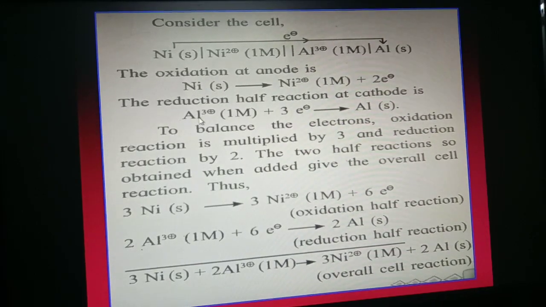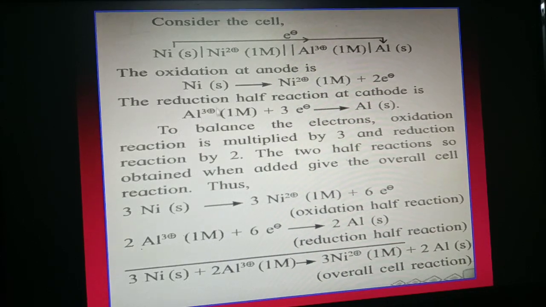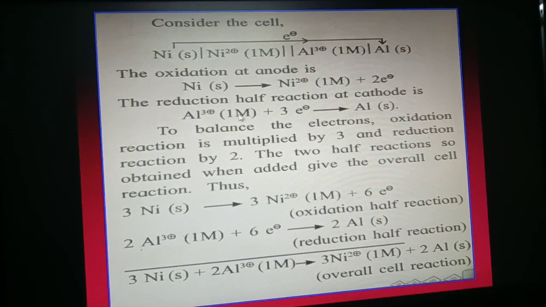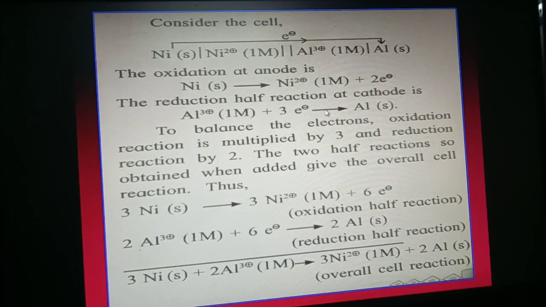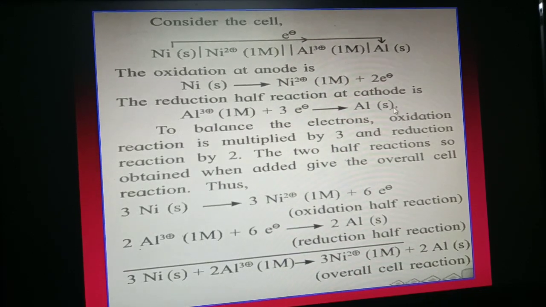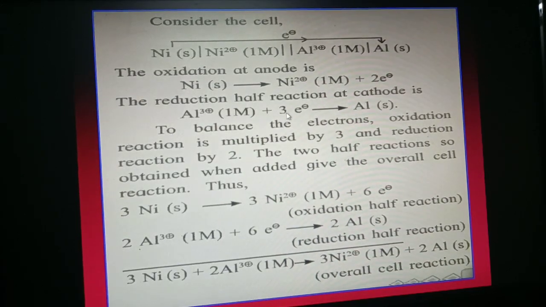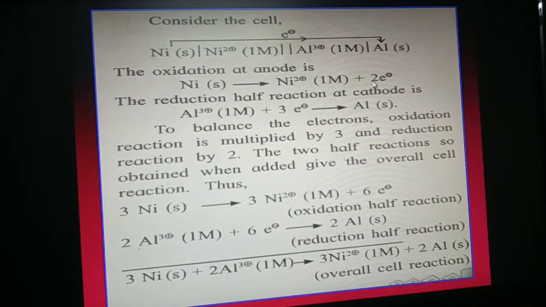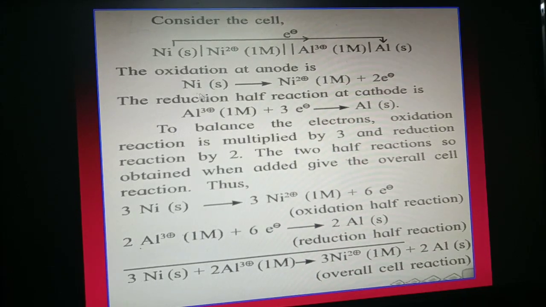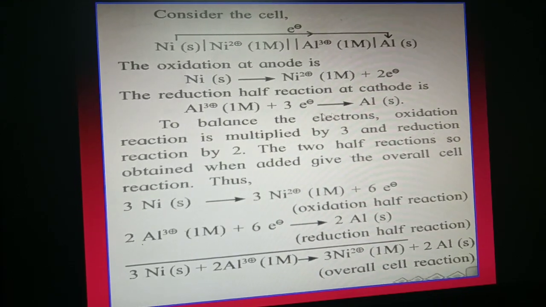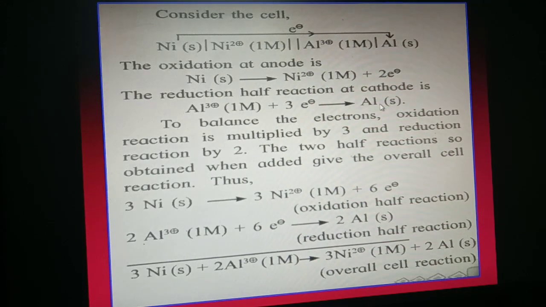At the cathode, in the reduction half reaction, Al3+, being trivalent, gains 3 electrons to give aluminium solid. Now we find the number of electrons donated and gained are unequal. 2 electrons have been donated by nickel, whereas Al3+ requires 3 electrons to form aluminium.